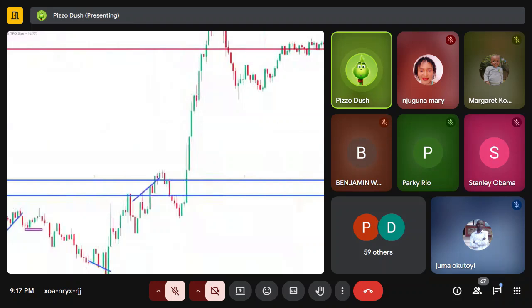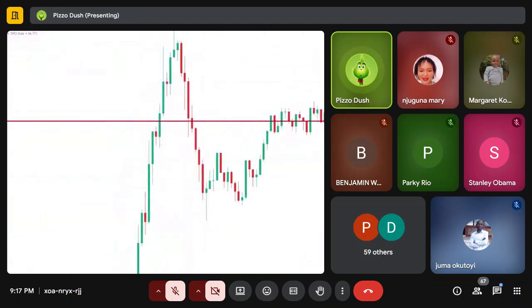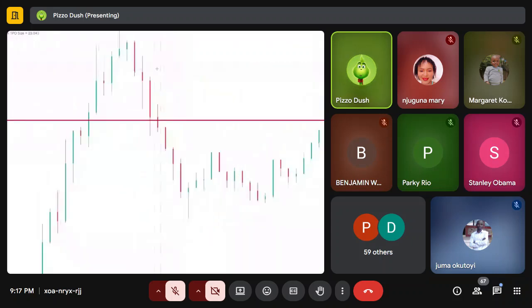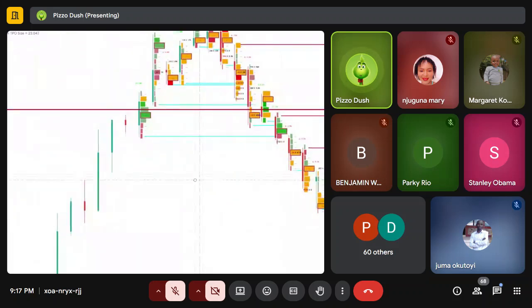Let me see whether this was another block up here. Unaona market ili move vizuri very swiftly. Let's see. It's taking long. So first, this one is a genuine order block.